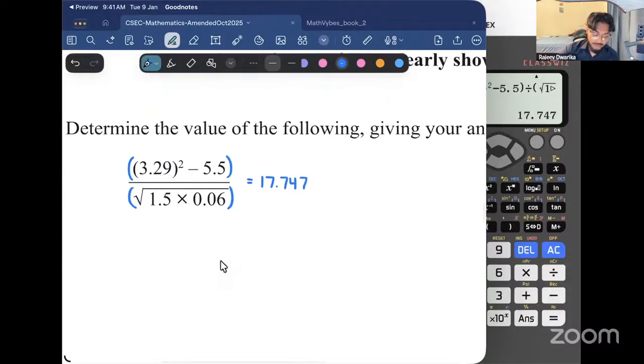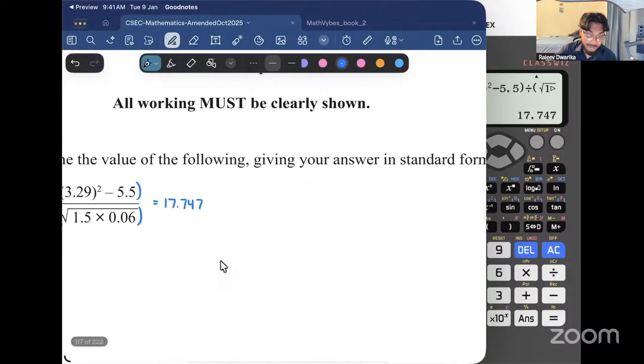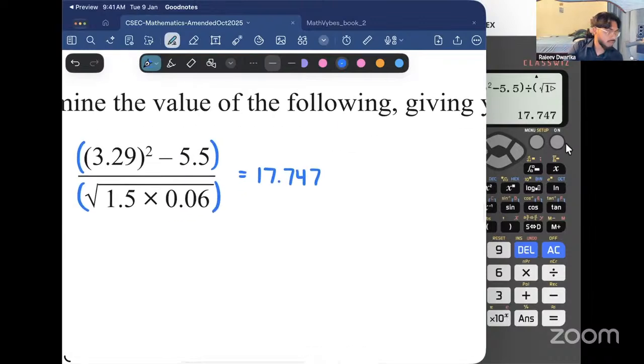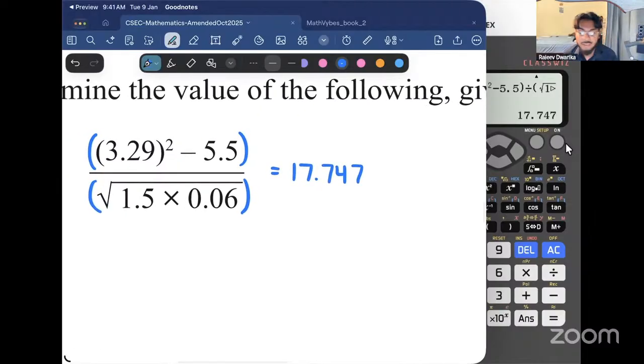Get the Casio. Let me ask you a question, right? Do you think that's in standard form? No, sir. Neela, you know how to convert that to standard form or nah? Yes, sir. Talk to me. How am I going to convert this to standard form or scientific notation?